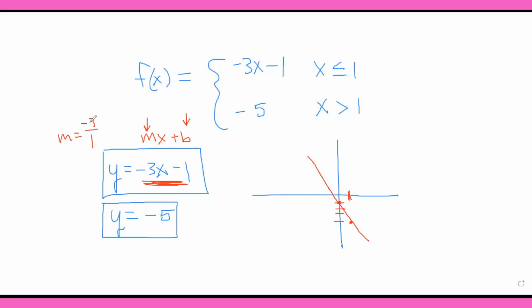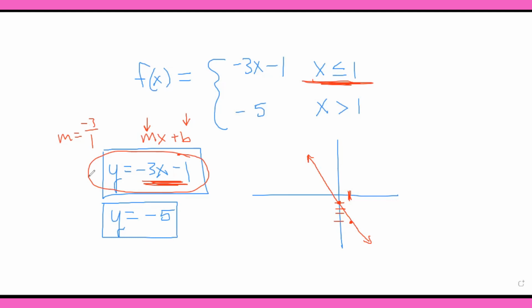So in this case, this would be this entire line, and it goes on forever. What we're saying with the piecewise function is I'm only caring about a part of it, a part of that equation.